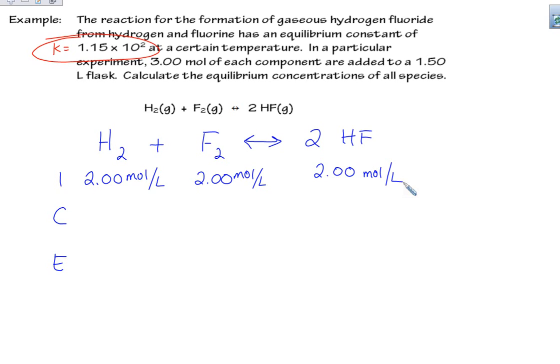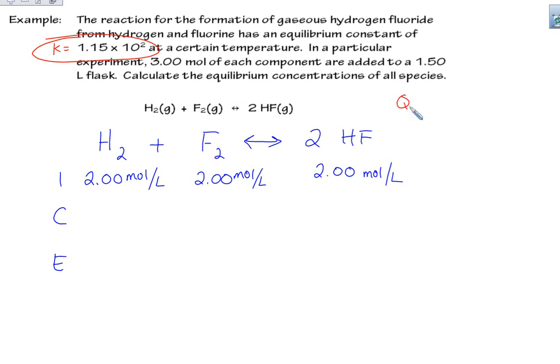This is what we've initially been given. And I'm going to guess that it's probably not at equilibrium. At equilibrium, we're going to change by the ratio in the balanced equation. We're going to change at a 1-to-1 ratio of reactants and a 1-to-2 ratio between reactants and products. Let's calculate Q and see what direction this thing's going to shift.